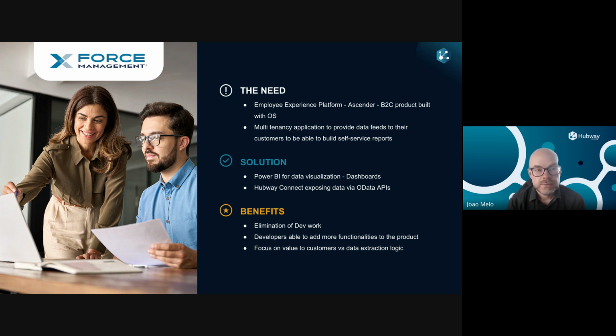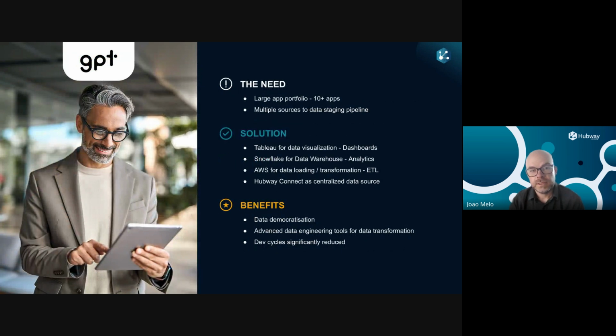In another scenario, we have the GPT Group, an Australian organization. They have a large application portfolio, over 10 different apps in production. These apps are OutSystems applications, but they have an enterprise, very mature, robust data ingestion pipeline, which benefits from multiple data sources, not only OutSystems.